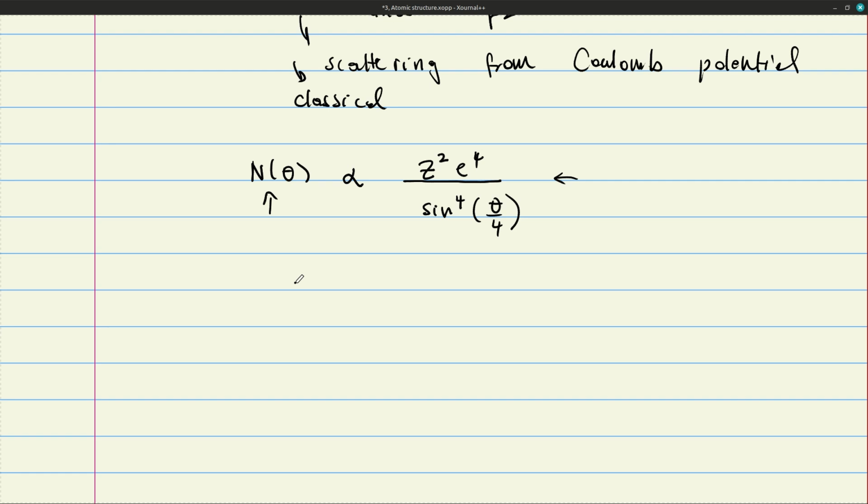For us, this formula comes from the existence of a nucleus with very large mass and very large charge. This formula explained the experiment to high precision.